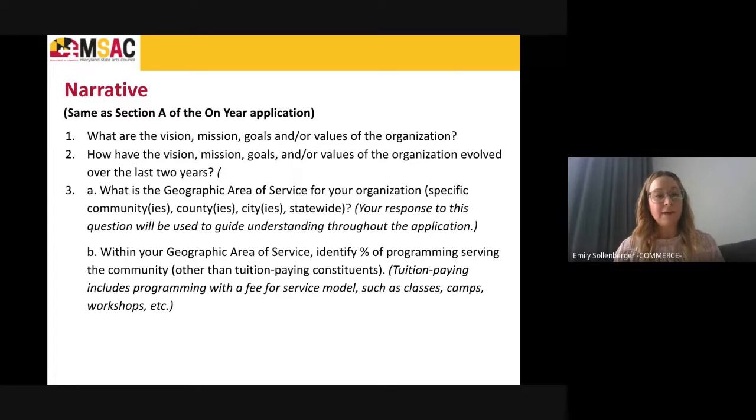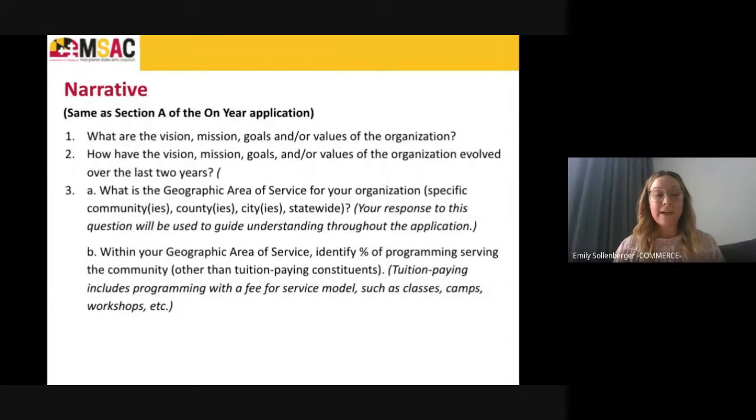Additionally, this year, 3B is new. So with thinking about your geographic area of service, we're asking that you identify a percentage of programming that's serving the community other than tuition paying constituents. And we've identified tuition paying to include programming with a fee for service model, such as camps, classes, workshops.